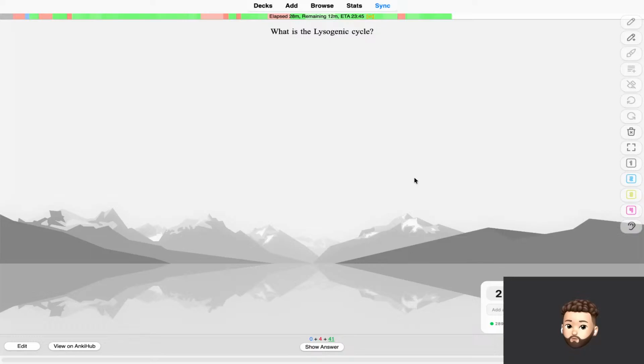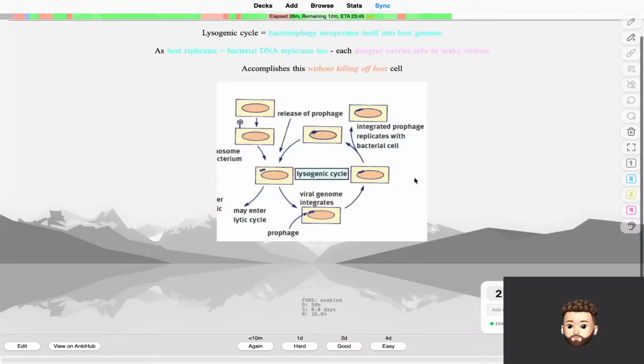As the host cell reproduces, the virus obviously reproduces with it.